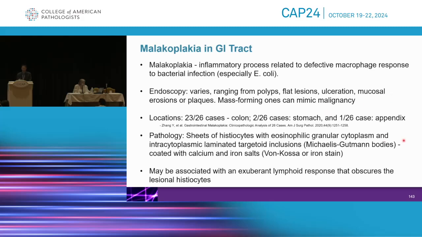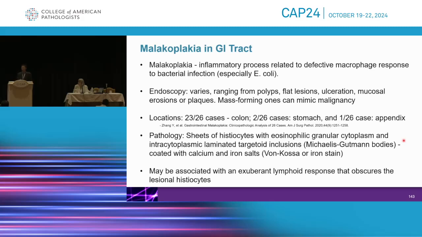And pathologically, we pay attention. You do see the localized infiltration of histiocytes, but generally the cytoplasm is more eosinophilic, more granular. And if you look carefully, you can see the targetoid lesions, because the targetoid lesions are laminated material that contain iron and calcium. That's why we do iron stain and von Kossa stain to highlight that.